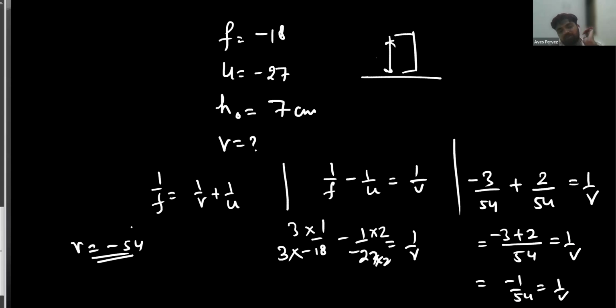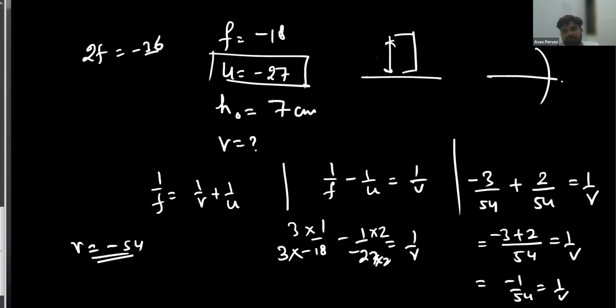Can you tell me where the object is placed in this condition? Between f, beyond f, between r and f, where is it placed? Between R and F. Yes, because 2f will be at minus 36, but here u is at minus 27.